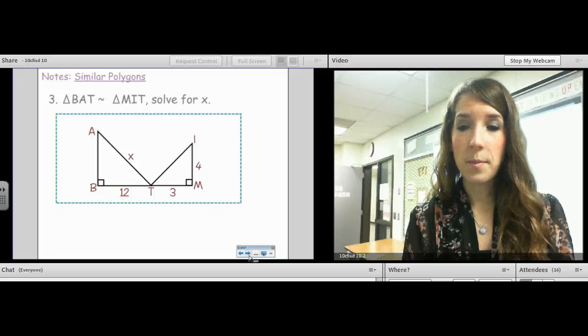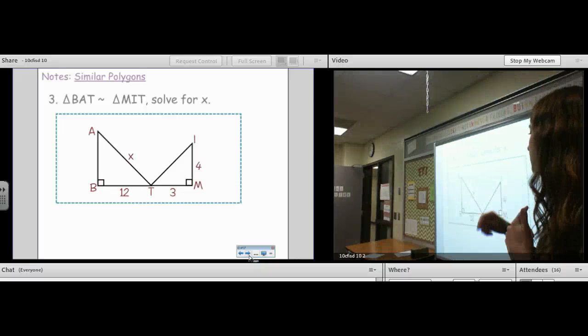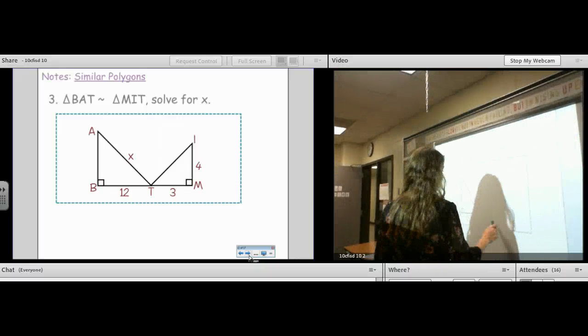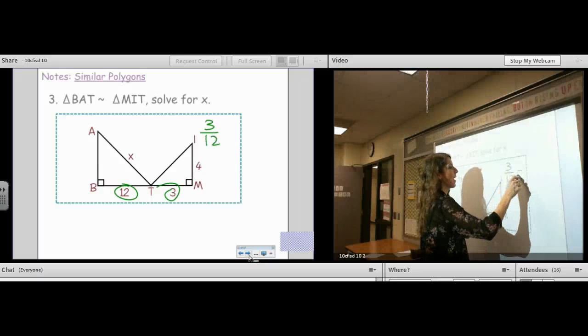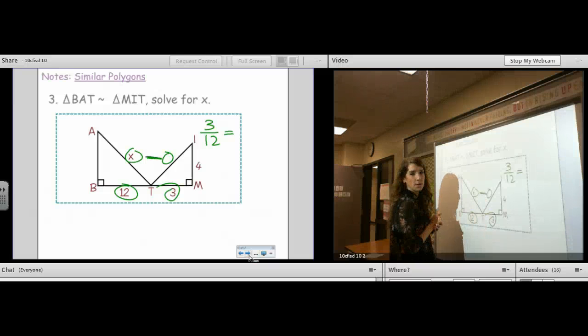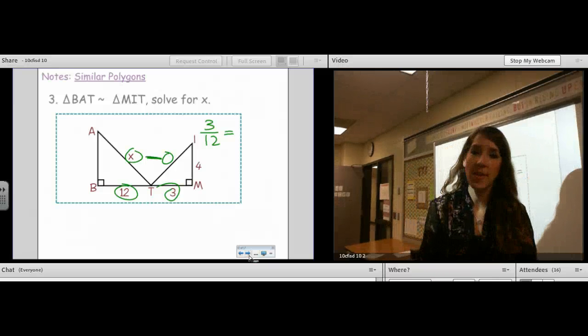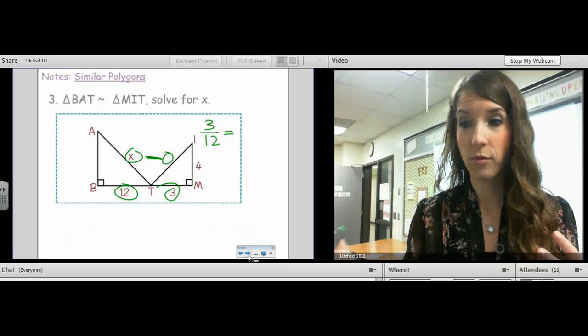So when we're solving for missing sides, ooh, I need to give y'all time to take your quiz. When we're solving for missing sides, we set up a proportion. So we could say 3 is to 12 as, we don't have the thing that goes with x. So we're going to need to do Pythagorean Theorem. But you might remember, that's a Pythagorean triple, 3, 4, 5.